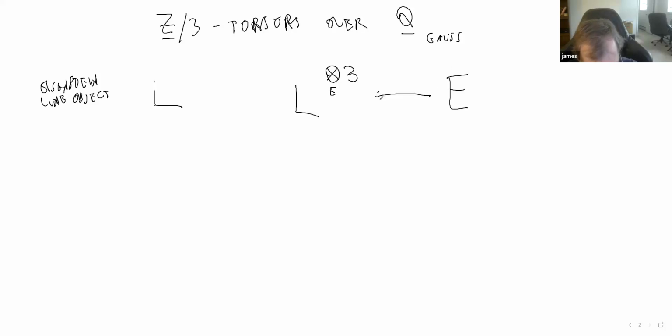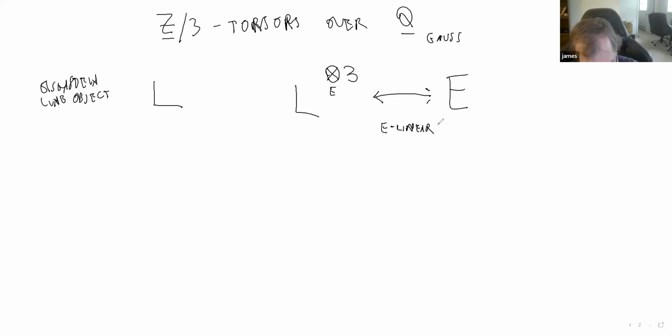I don't know which way I usually draw it. Maybe it goes like that. It's an invertible morphism. Is that E, big E, supposed to be an L? No. E is the formal, and this isomorphism is supposed to be E linear.